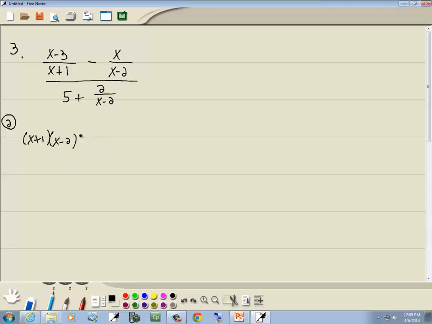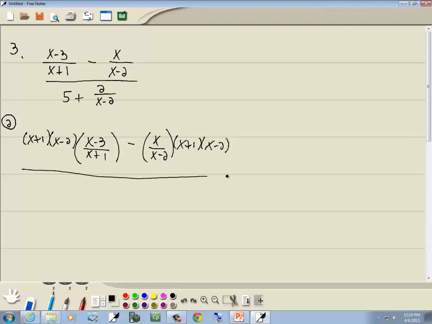And we'll multiply times our first fraction, the x minus 3 over x plus 1, minus, and this carries along, and I'll multiply times this fraction, the x over x minus 2. We'll also multiply times the 5, and I'll multiply times this fraction.